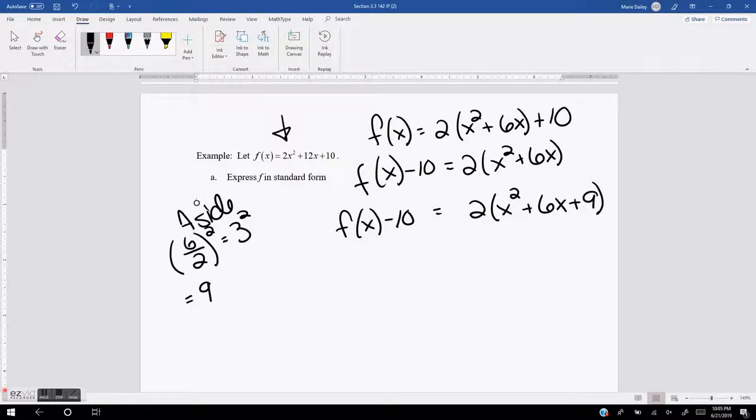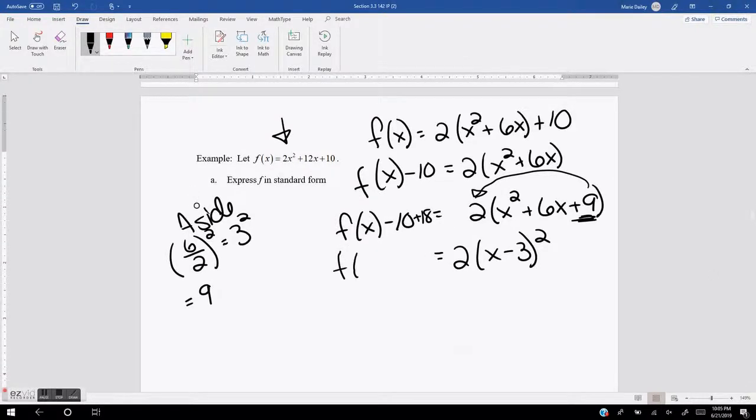So when we factor that right-hand side, this goes 2 times x minus 3 squared. So that makes perfect sense. However, the issue is we're not really adding 9 to both sides. In actuality, we're adding 9 times the 2, so we're really adding 18 to both sides. So when I add that 9, I'm really adding 18, so I have to add the 18 to both sides.